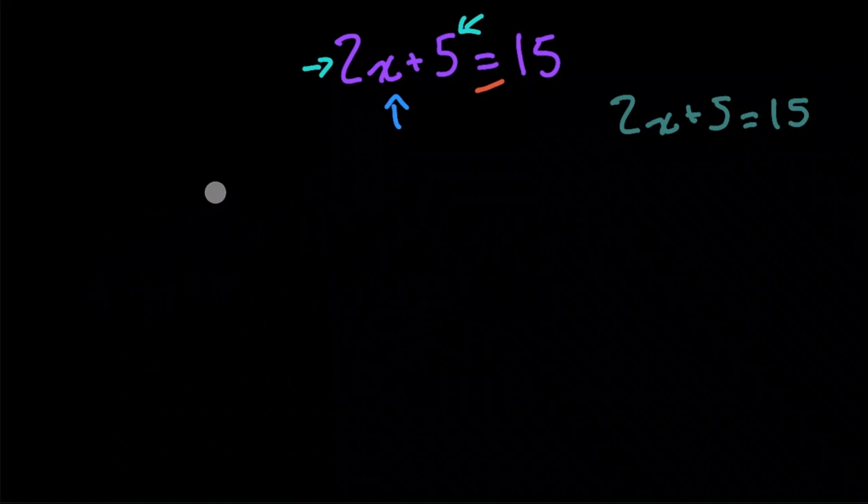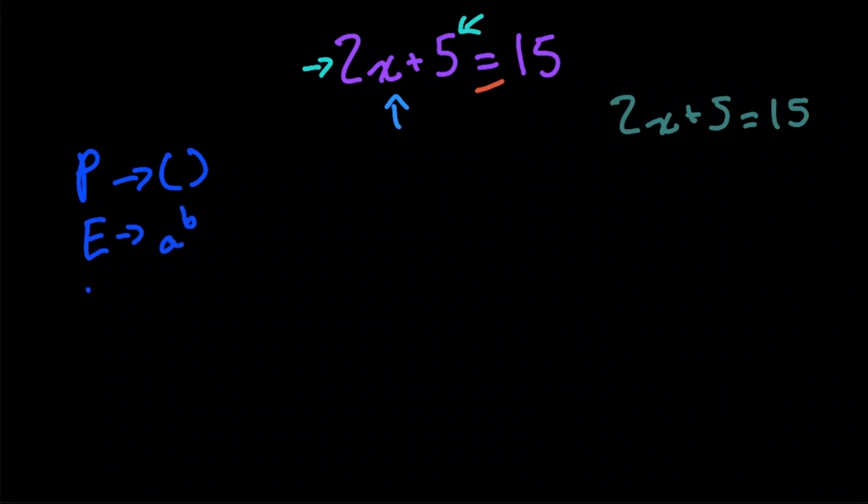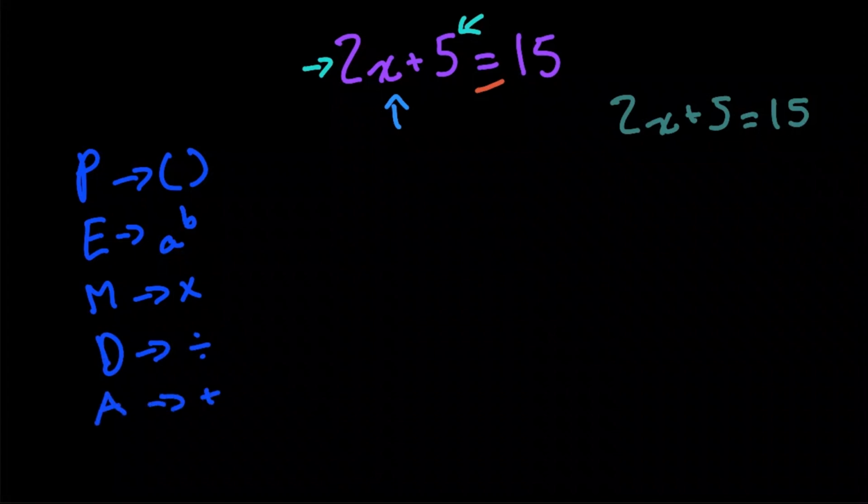P is for parentheses, E for exponents, M for multiplication, D for division, and then we have A for addition, S for subtraction. So we want to follow reverse order when solving our equations. Now let's try solving this equation with that in mind.